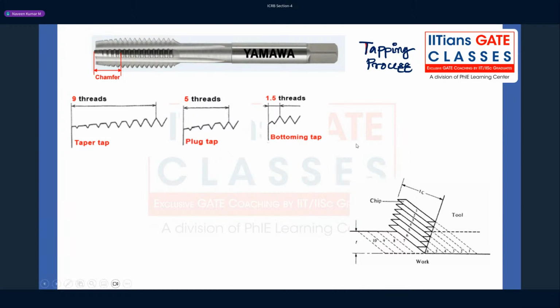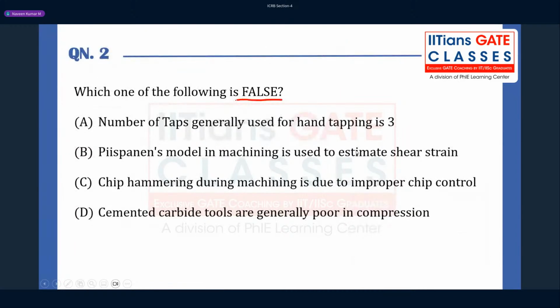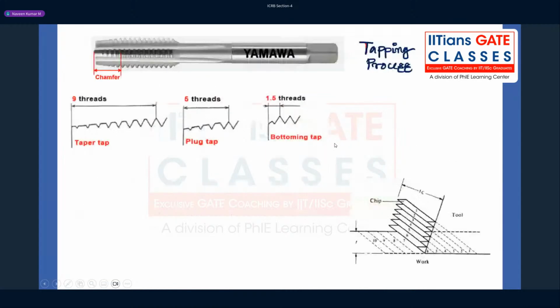The option they have given is the number of taps generally used for hand tapping. The tap that you're seeing is a hand tap. With the hand, they insert it and rotate it, and that is what hand tapping is. So obviously this is right.